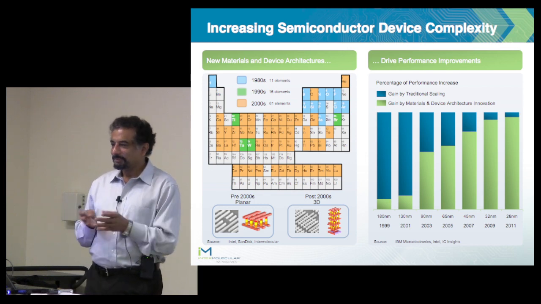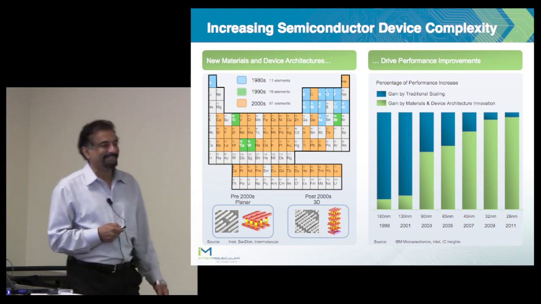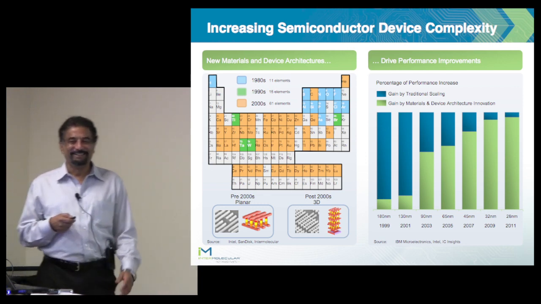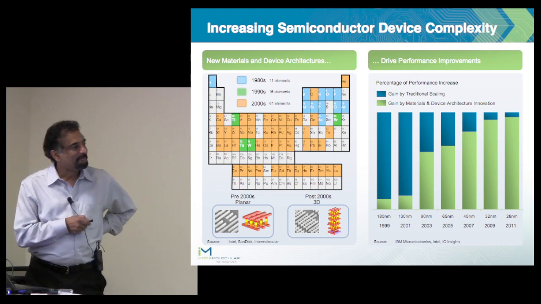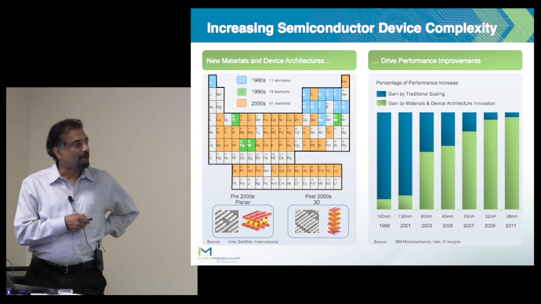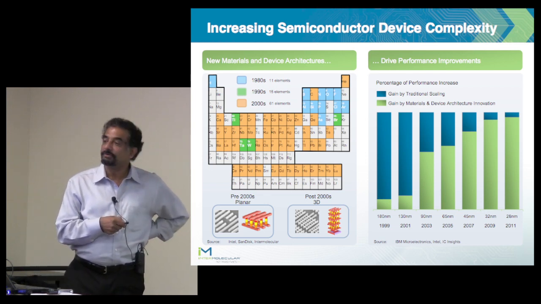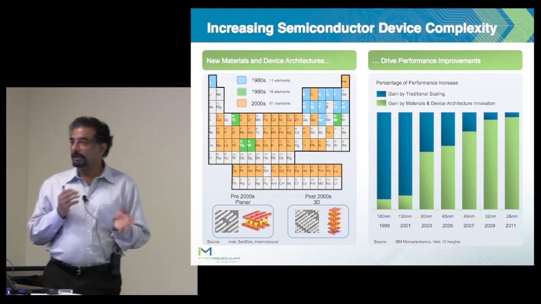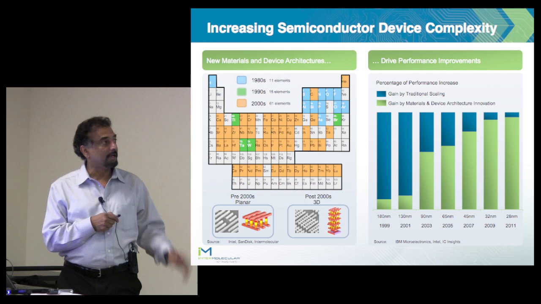I guess the people who did look at the radioactive elements didn't survive, but I should probably not say that. So this is where we are today. And as we've talked about, we're also going from planar devices to 3D devices. So the trend now is all about new materials and device architectures.